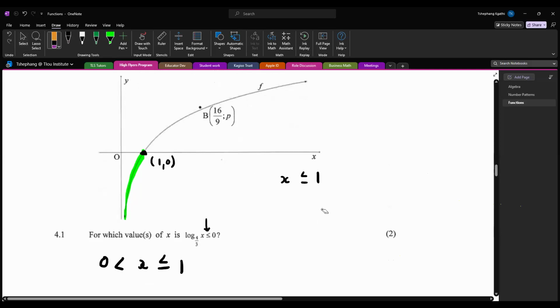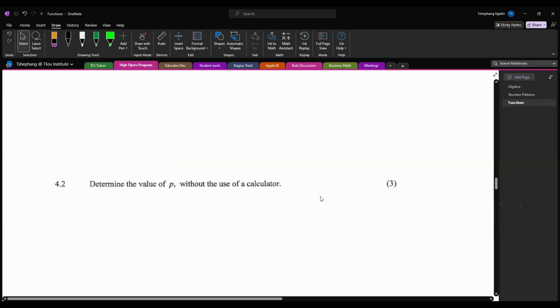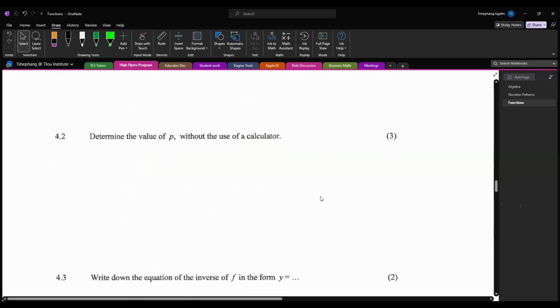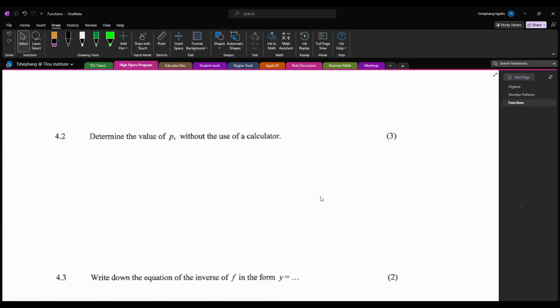Okay, so we can clear the graph. Okay, moving along. Determine the value of P without the use of a calculator.